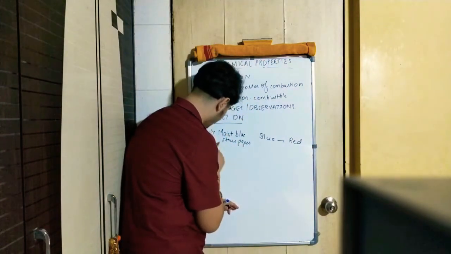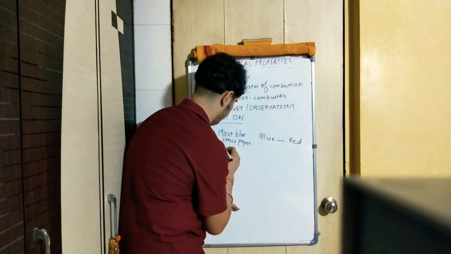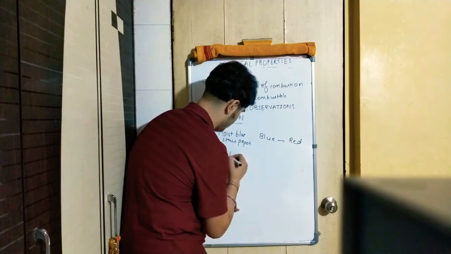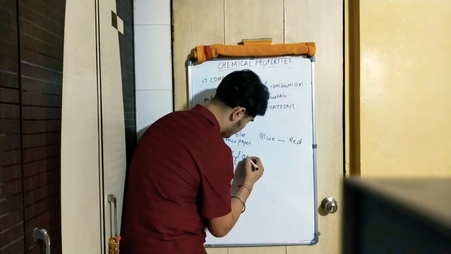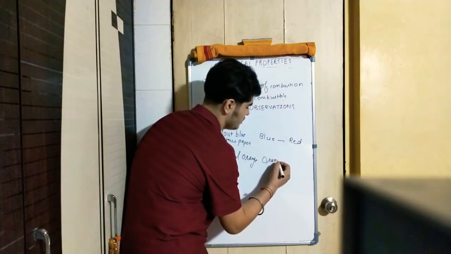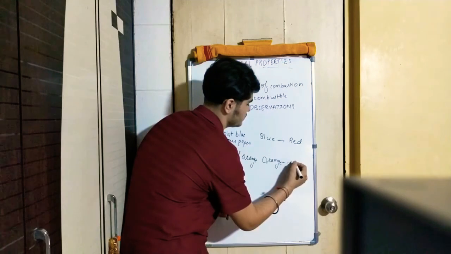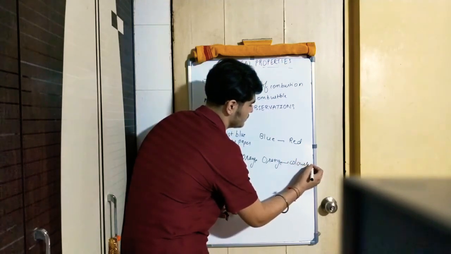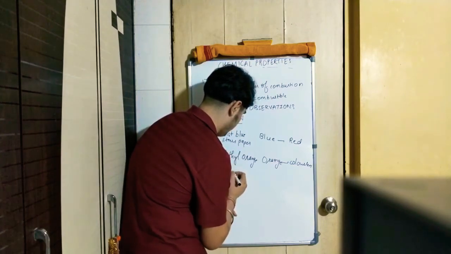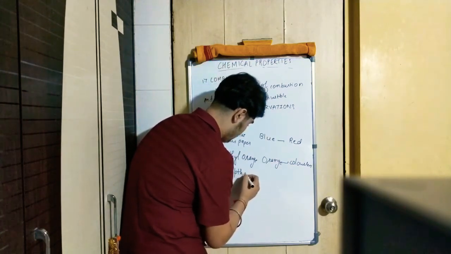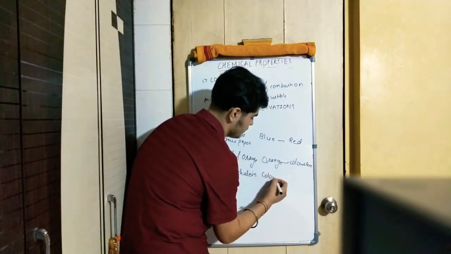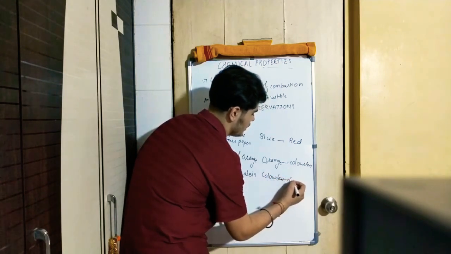Second is methyl orange, from orange to colorless. Third is phenolphthalein, from colorless to colorless.